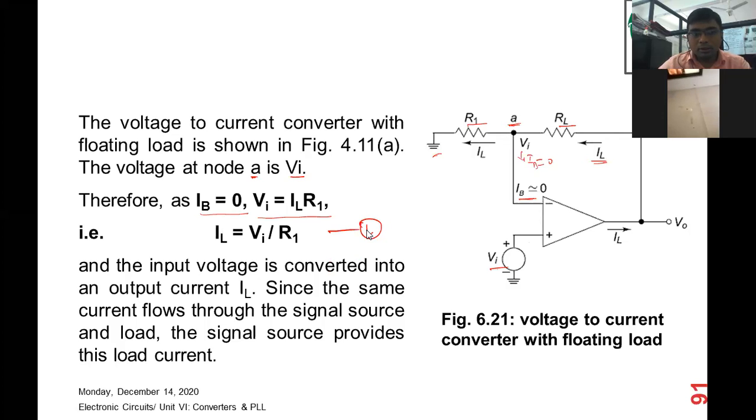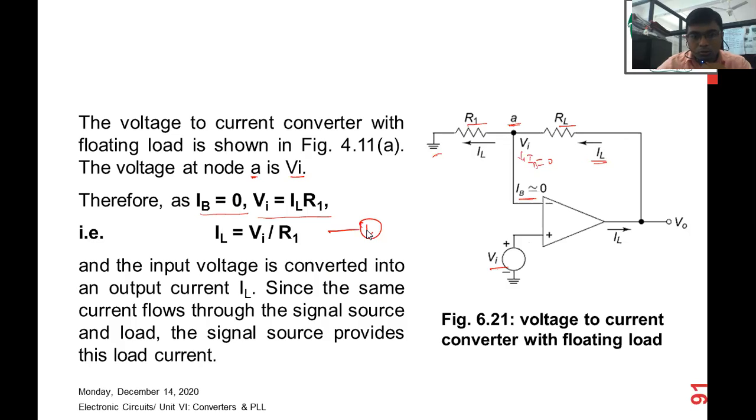So here the input voltage is converted into an output current IL. Since the current flows through the signal source and load, the signal source provides this load current. In this way, we have seen that in the voltage to current converter, your output current depends upon the input voltage, so it is proportional to the input voltage. That's why it is called the voltage to current converter.